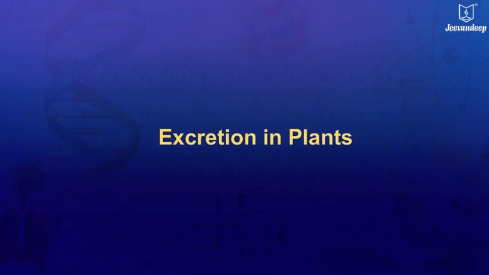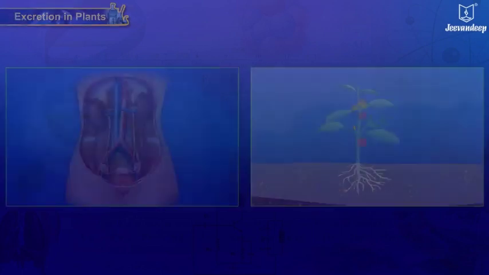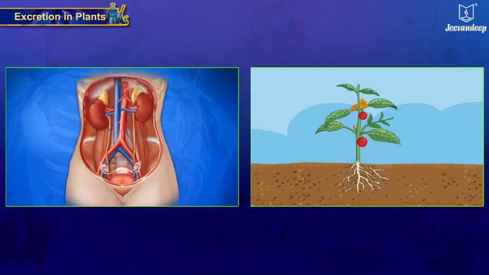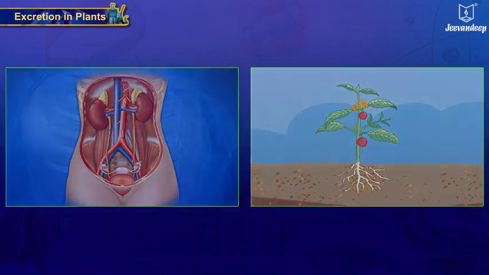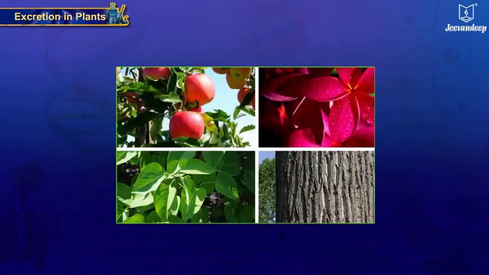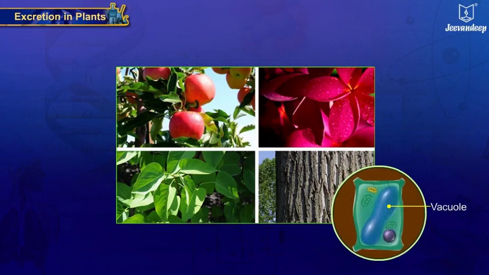Excretion in plants. Plants do not possess any excretory system for the removal of waste matter. In plants, the excretory wastes are stored in the vacuoles of the cells of leaves, flowers, and fruits, besides bark of the trees.